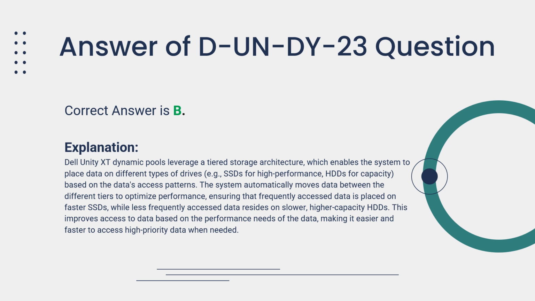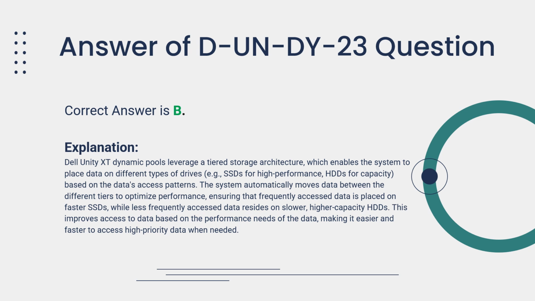Explanation. Dell Unity XT dynamic pools leverage a tiered storage architecture, which enables the system to place data on different types of drives, e.g., SSDs for high performance, HDDs for capacity, based on the data's access patterns.